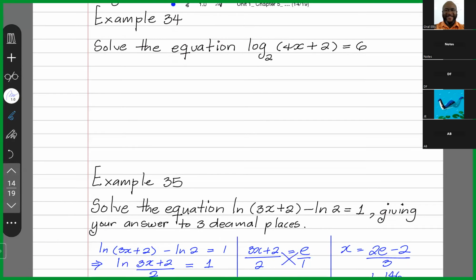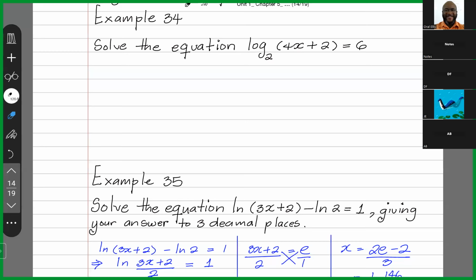Example 34 is asking us to solve this equation: the log to the base 2 of (4x + 2) is equal to 6.